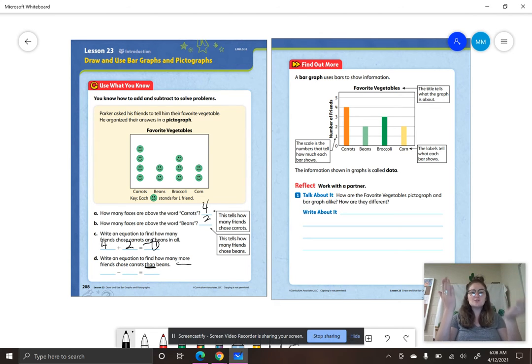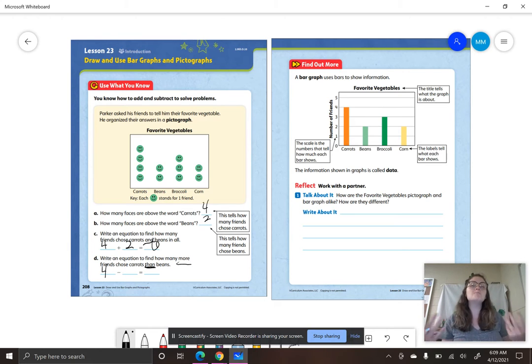So we want to use those 2 numbers to make a subtraction equation. With our subtraction equation, what number are we going to start with? We're going to start with 4, right? Because 4 is our greater number.